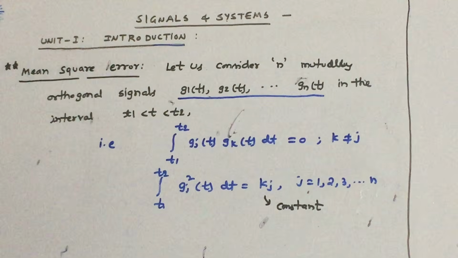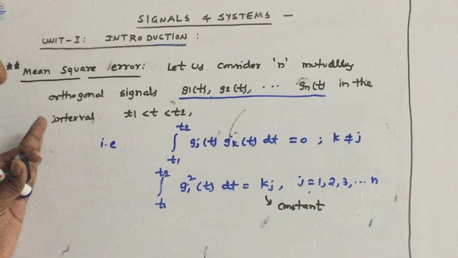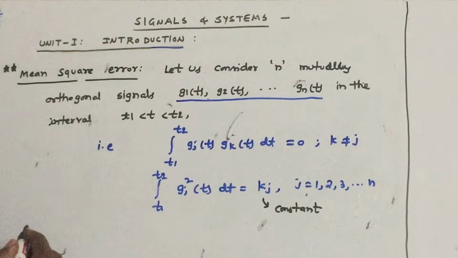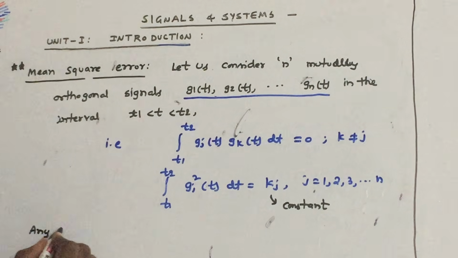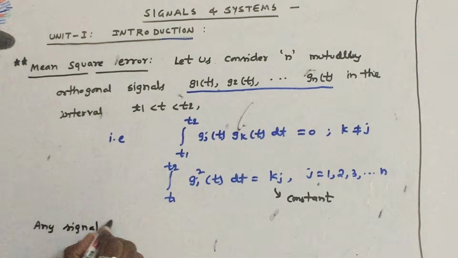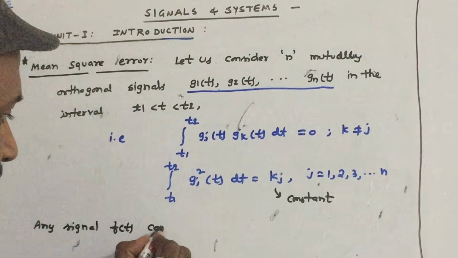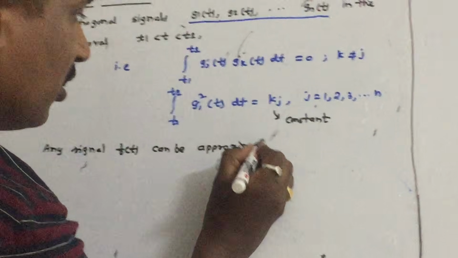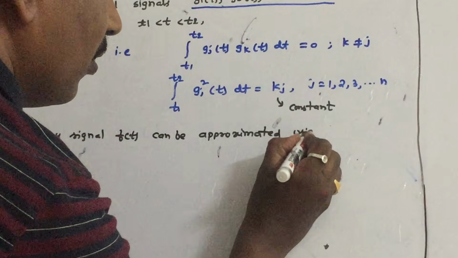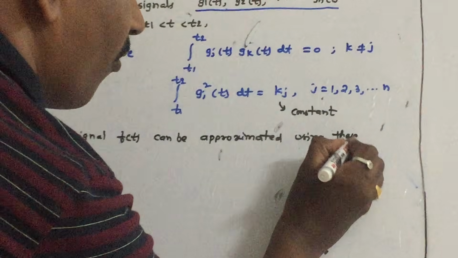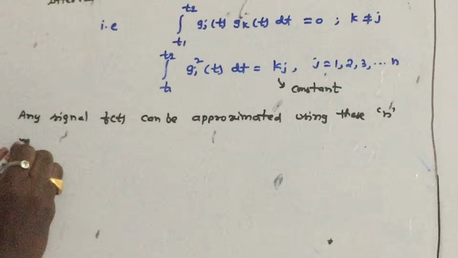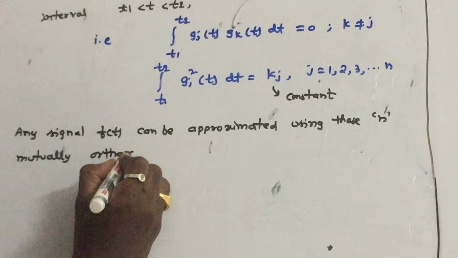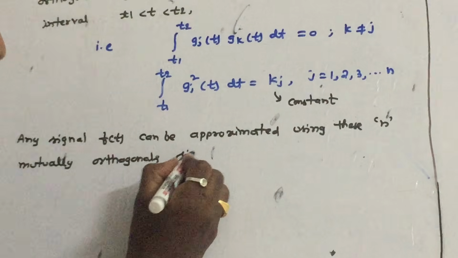Now if you take these orthogonal signals in the interval t1 to t2, we can approximate any signal f of t using these n mutually orthogonal signals.